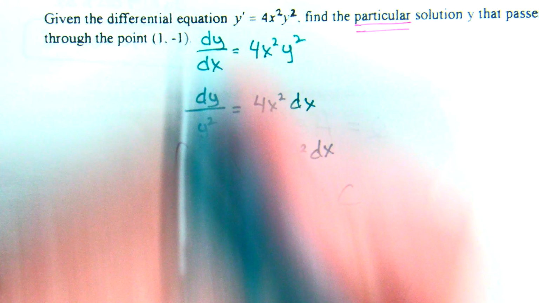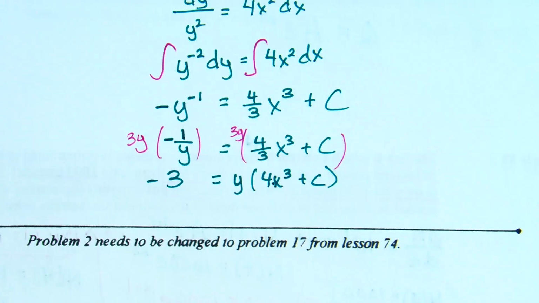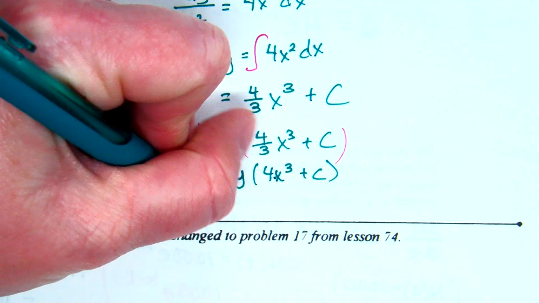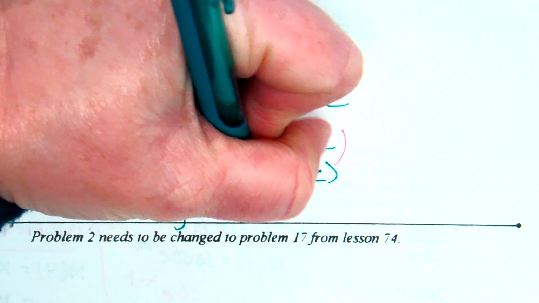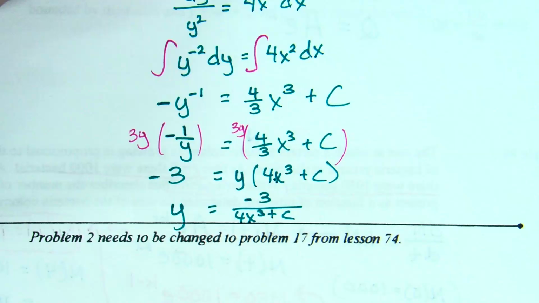What does y look like if I solve for y here? Okay. Negative 3 over 4x cubed plus c. What do we have at this point?